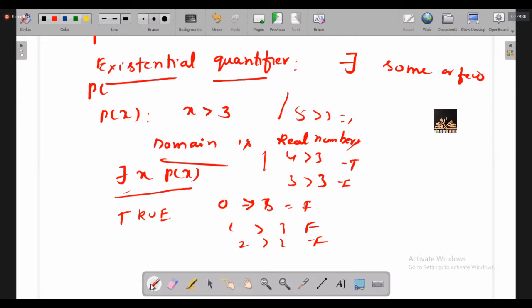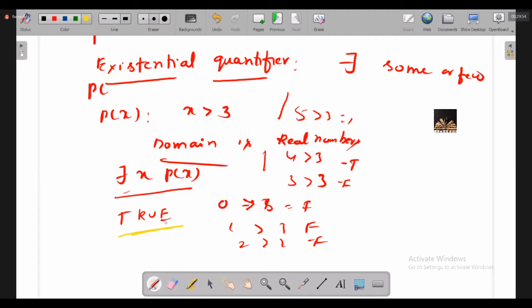Okay, note down. Here, some are true. There exist some values of x greater than 3. That's why there exists x, P of x is true. Okay, note down. It's not false, it's true.